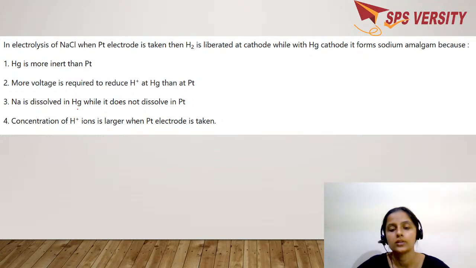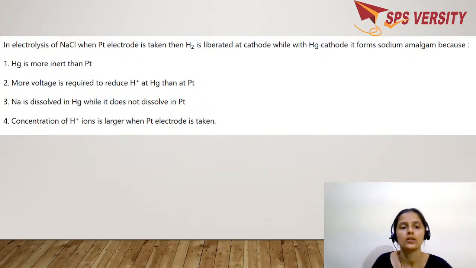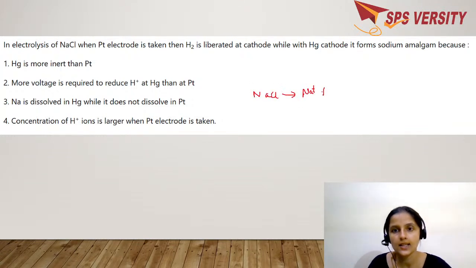Electrolysis of NaCl they have given. So NaCl will ionize into Na plus and Cl minus. And with platinum electrode, if the solution is taken, then water will ionize into H plus and OH minus.